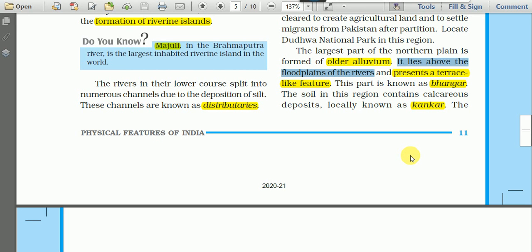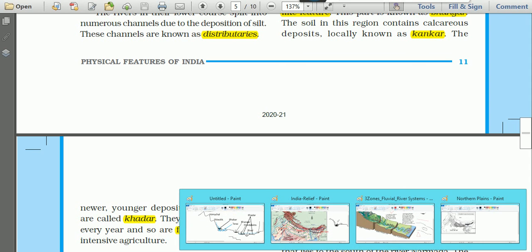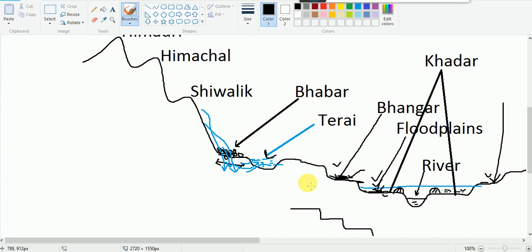When the river is in flood, the floodwater enriches the soil and so it is fertile. And since the bhangar lies in the river terraces, the floodwater cannot reach this area, and hence it is not enriched. And it has been used many times, and therefore it is not fertile.